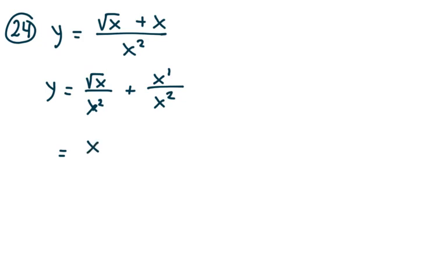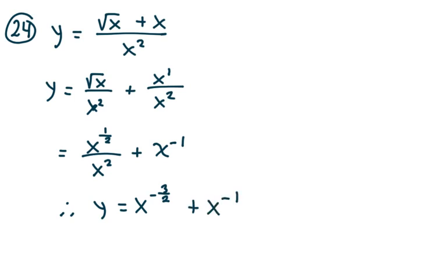Now, this is x to the 1/2 divided by x squared plus x to the negative 1. Because, again, remember, we don't have anything to work with yet. So y is x to the, now 1/2 minus 2 is negative 3/2, plus x to the negative 1. Now y prime is negative 3/2 x to the negative 3/2 minus 1.